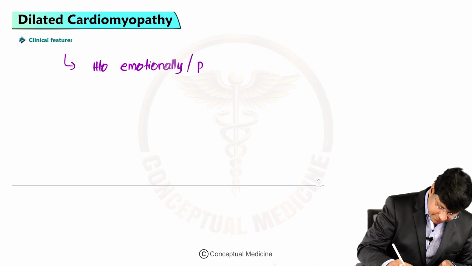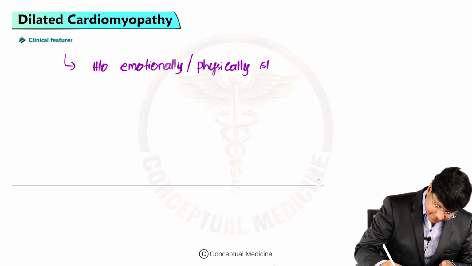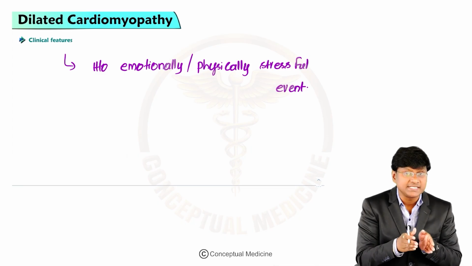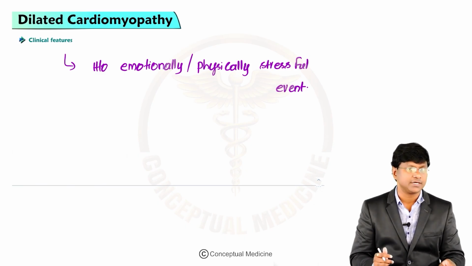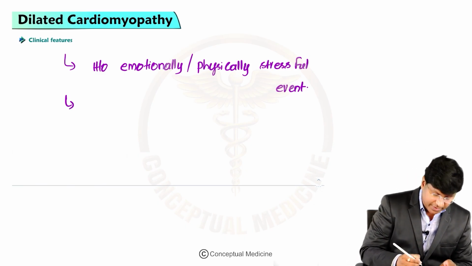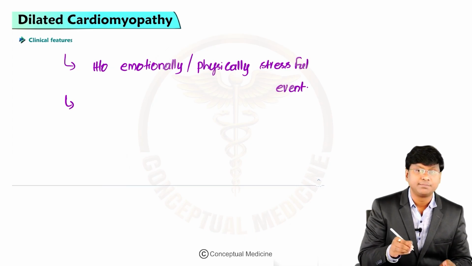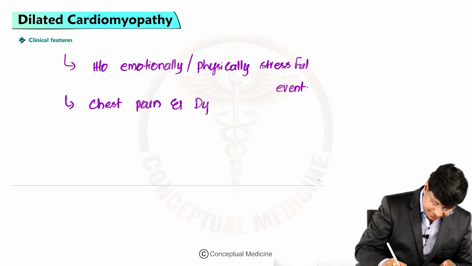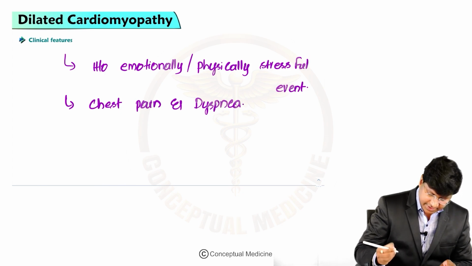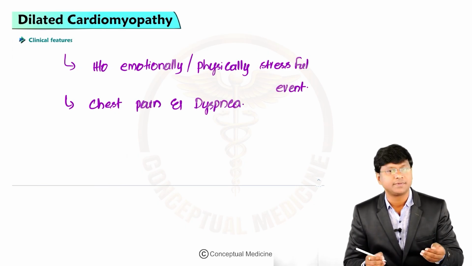That is one of the very important things in the history or clinical features in patients with Takotsubo cardiomyopathy. And what will be the most common presenting symptom? The most common presenting symptoms will be chest pain and dyspnea.